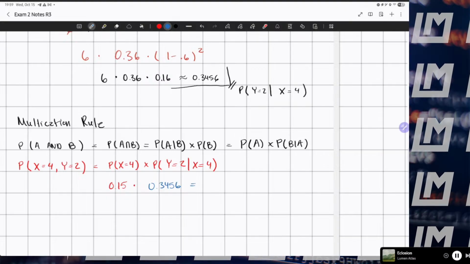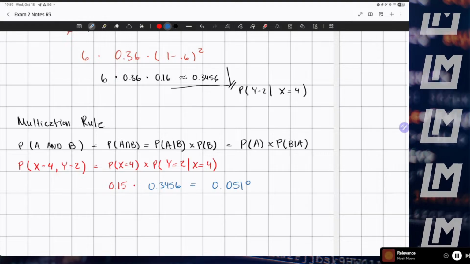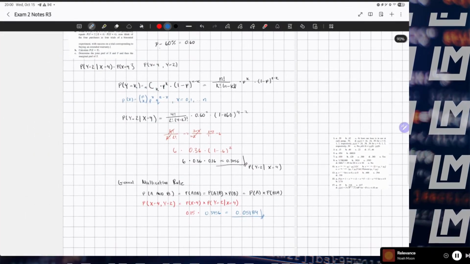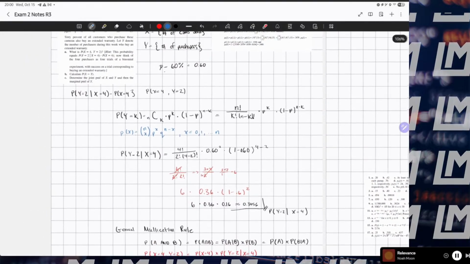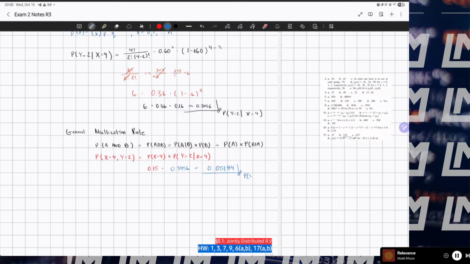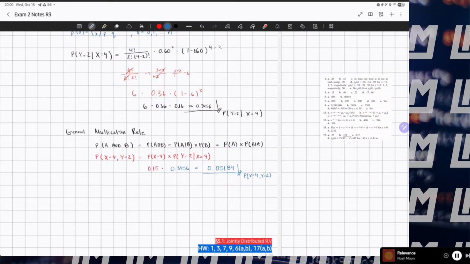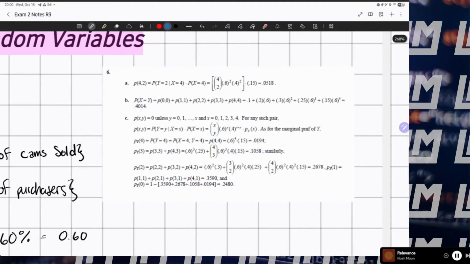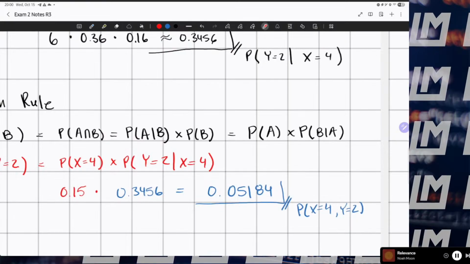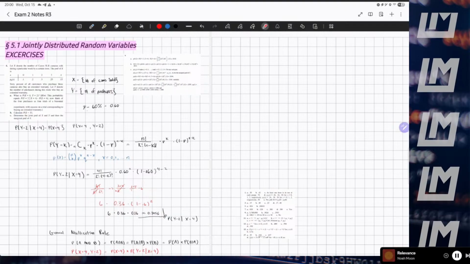Plugging in my calculator, enter, and I get finally 0.05184, which is the final solution of the probability of x equals 4 and y equals 2. And if we go back to the answer sheet, that's in fact the answer, 0.05184.